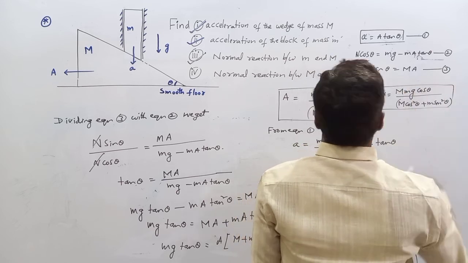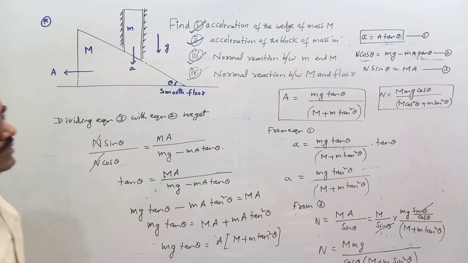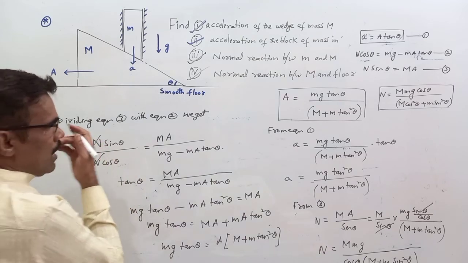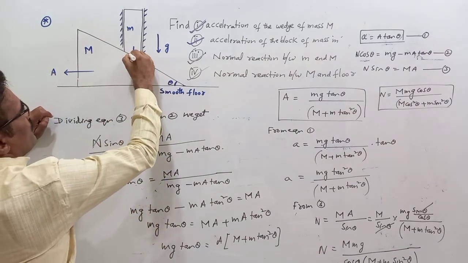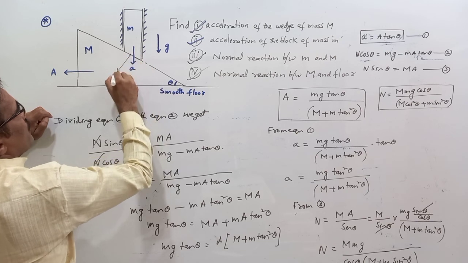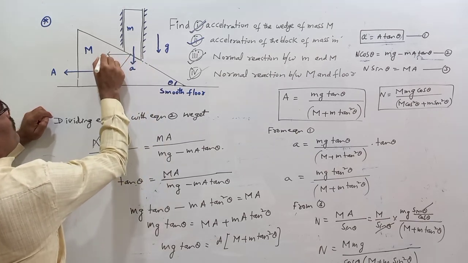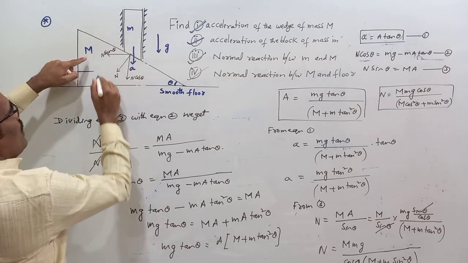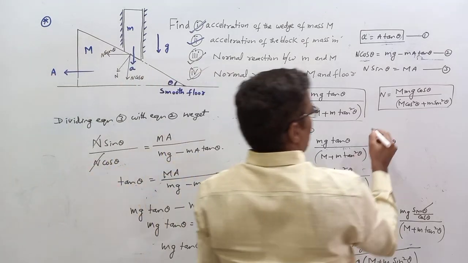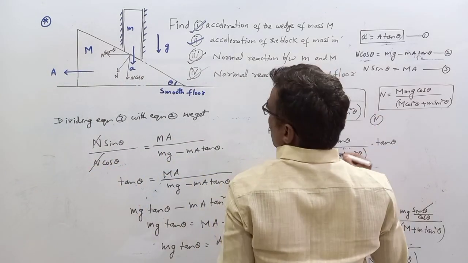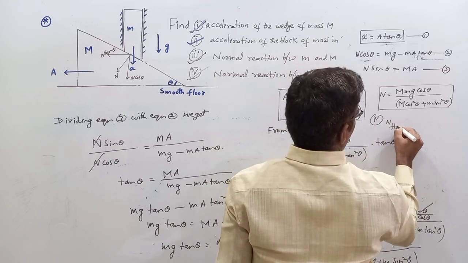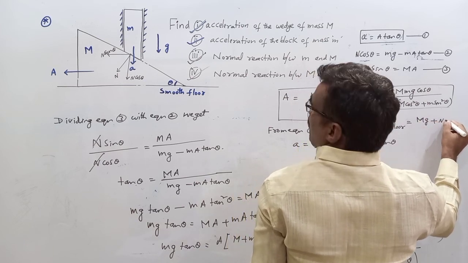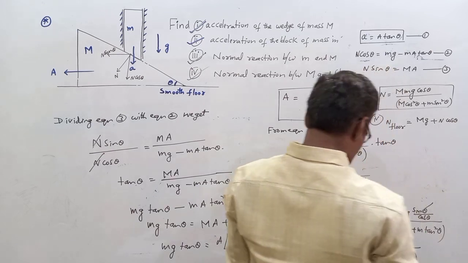The last one: the normal reaction between capital M and the floor. At this point, this is the N direction. This side is N sin theta, this side is N cos theta. Here Mg is also downward. Normal reaction from the floor is equal to Mg plus N cos theta.